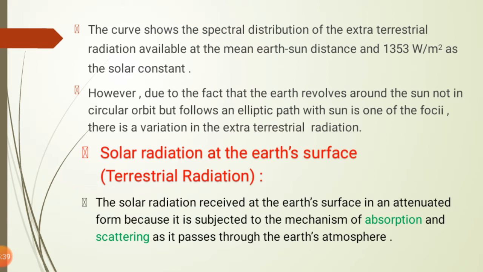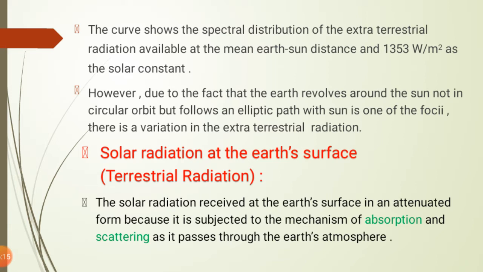Within the Earth atmosphere there are different gases, moisture, water vapors, and a layer, the ozone, so we get less intensity.